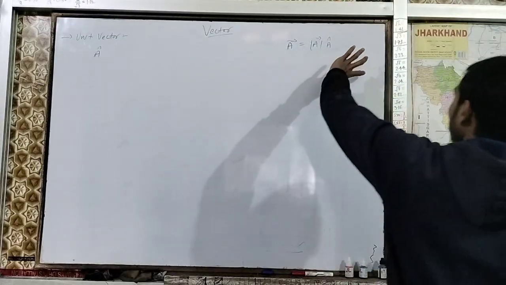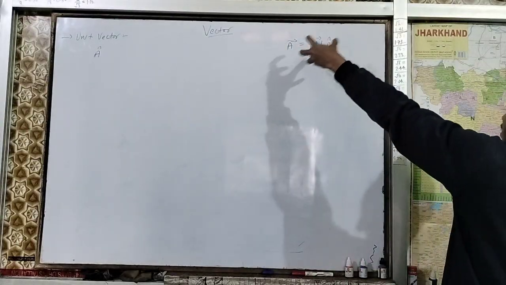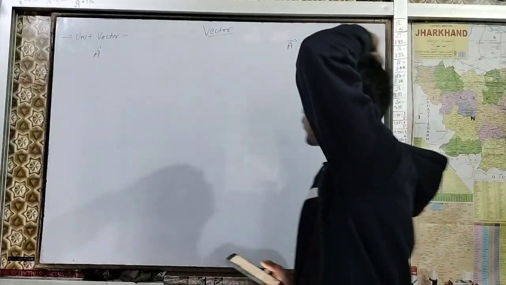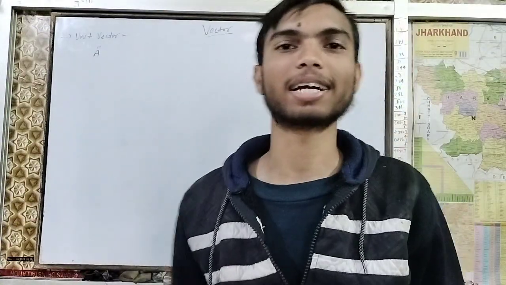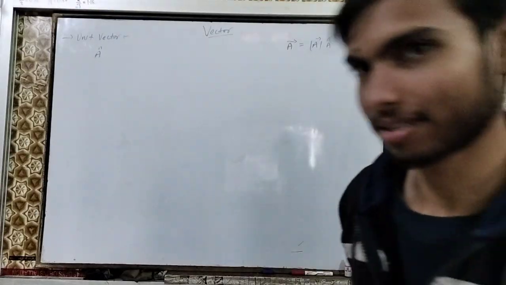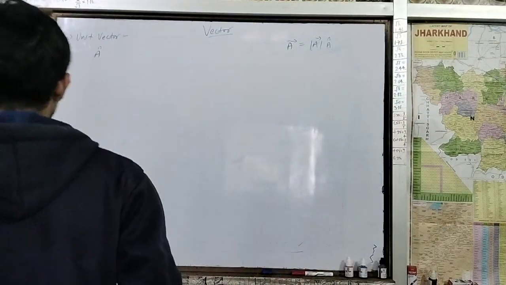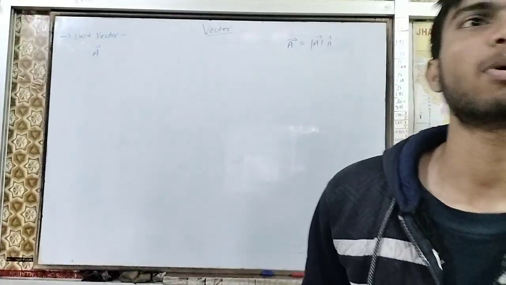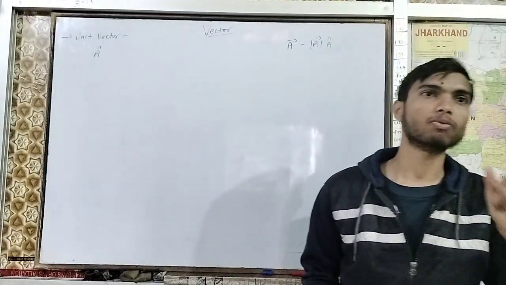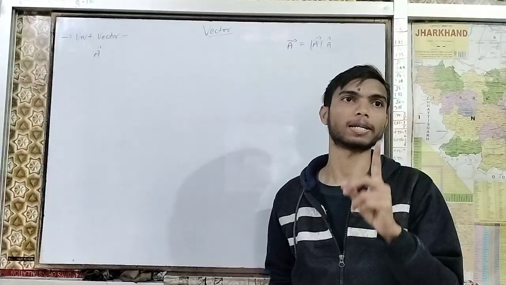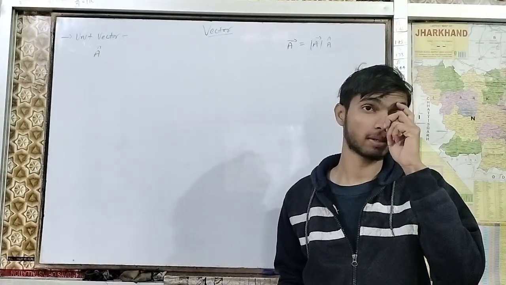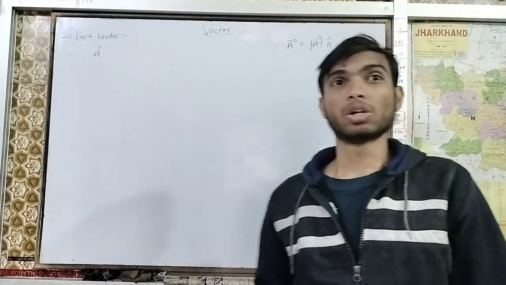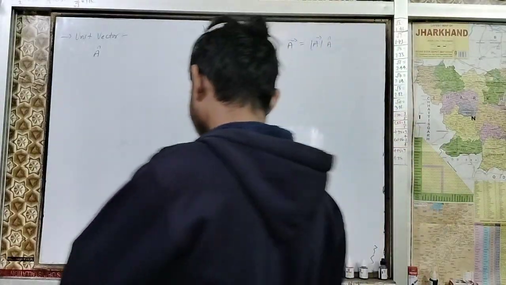Why did I write the vector A like this? There is a reason. The first point to always remember is that it is used for a special direction, always for direction.